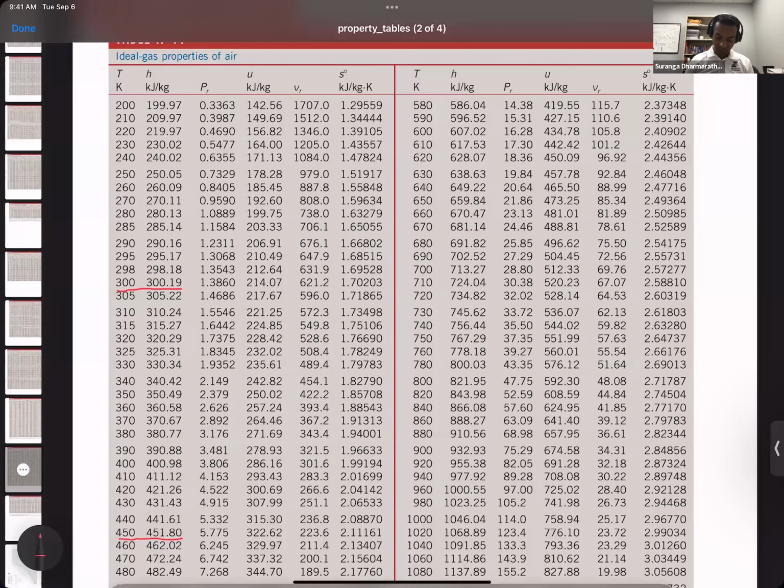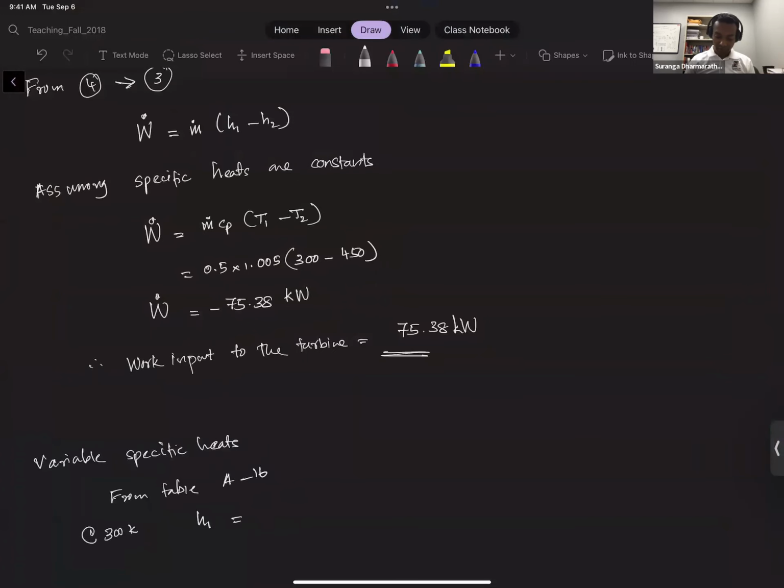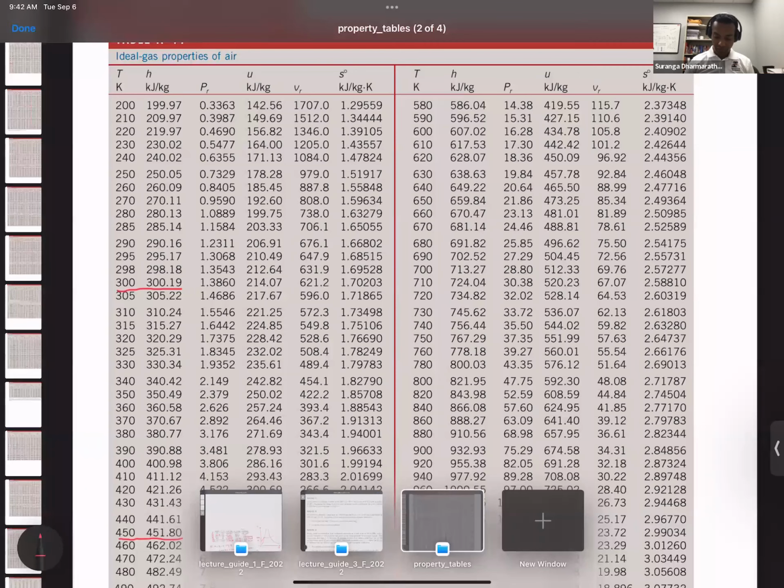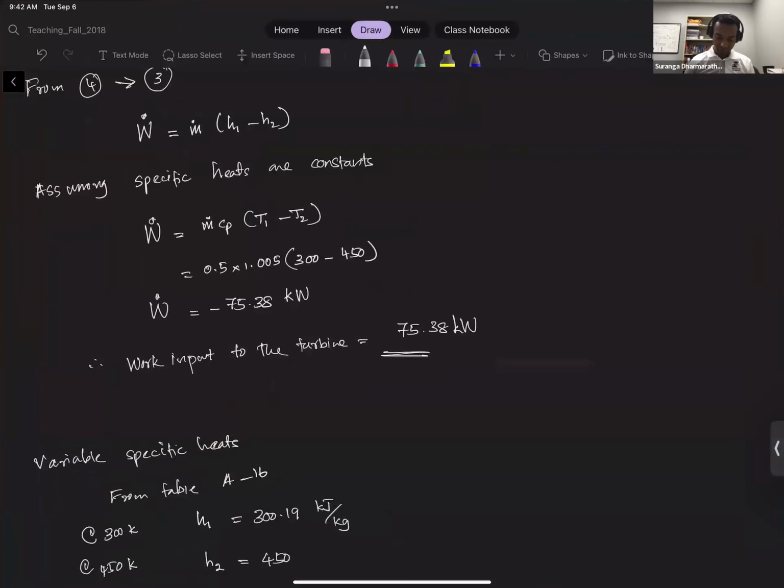So h1 is 300.19 kilojoules per kilogram, and h2 at 450 K is 451.80 kilojoules per kilogram, right?